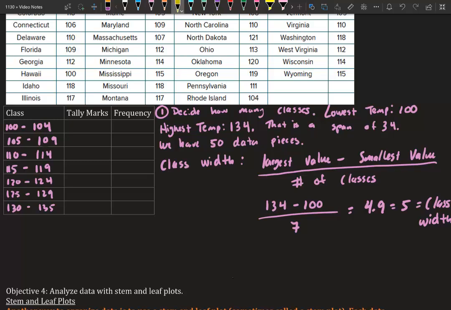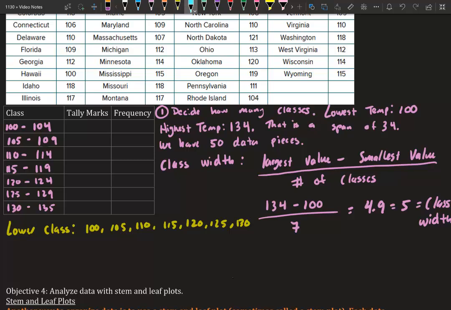So we have actually a lower class and an upper class. Your lower class, those are the left side of your classes. So that's 100, 105, 110, 115, 120, 125, and 130. Those are your lower classes.